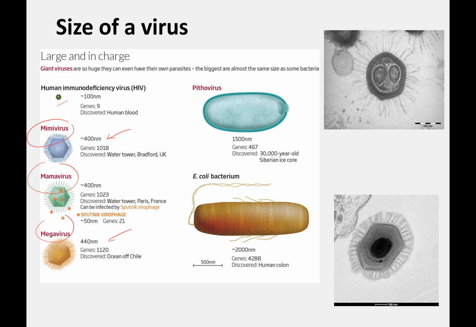They've got really unusual structures with these protein fibers. Very big, first isolated in amoebas. They're actually close to the size, or about a fifth of the size of an E. coli bacterium. Some can be seen actually with a light microscope. They're so big.